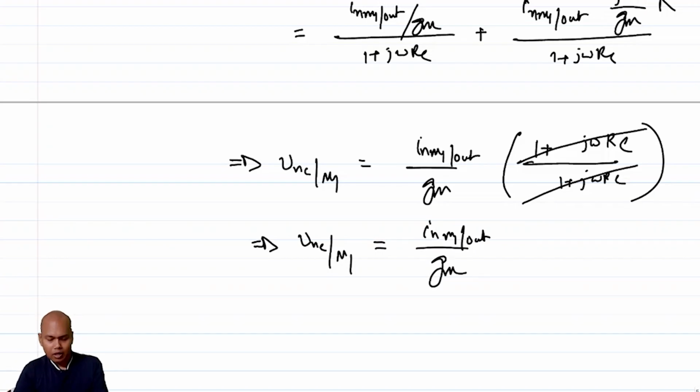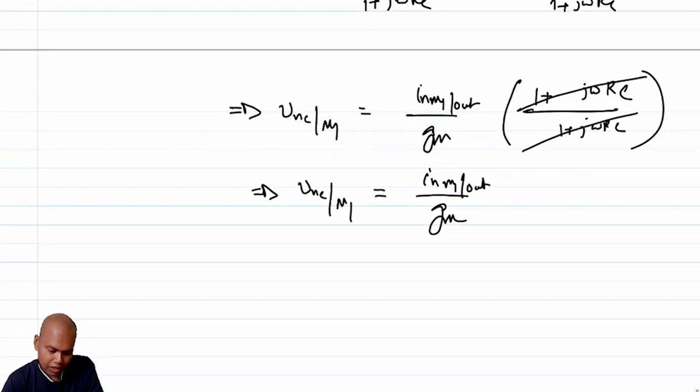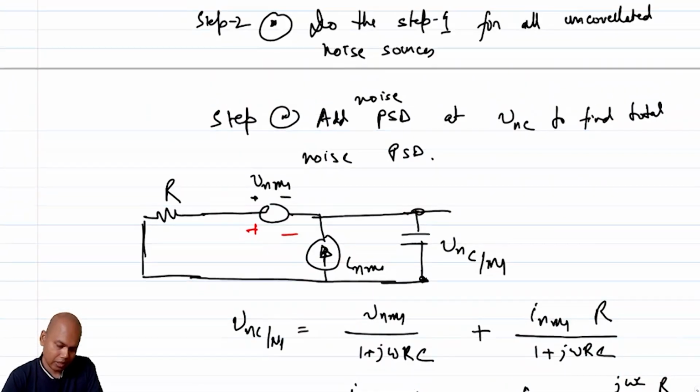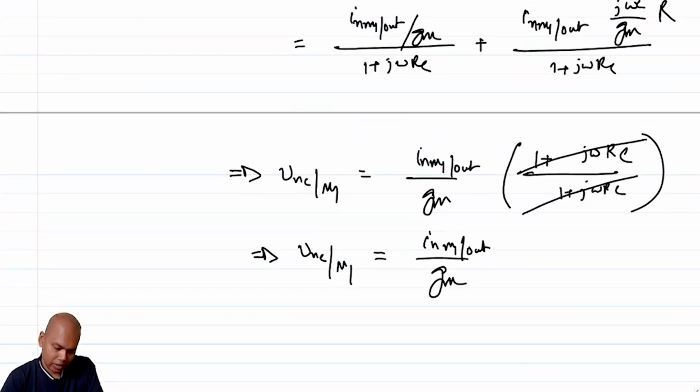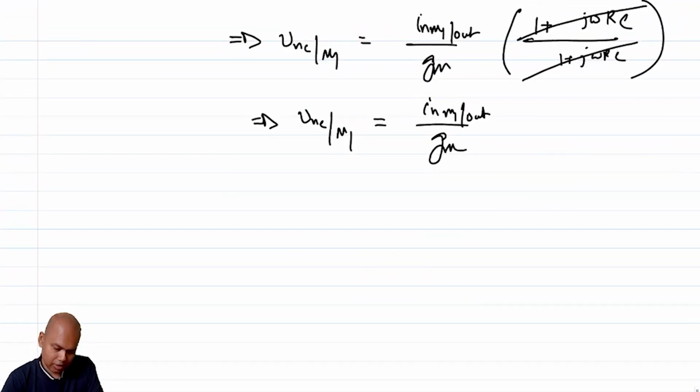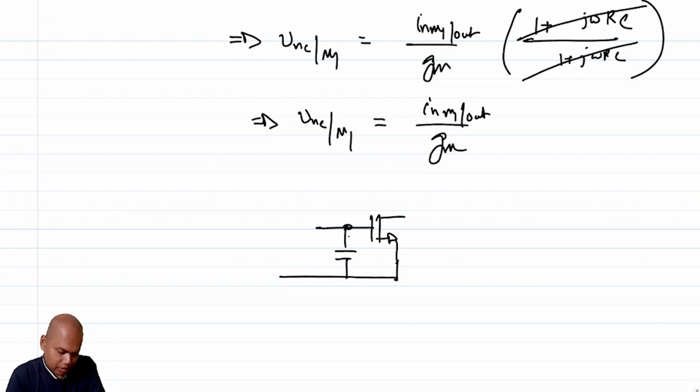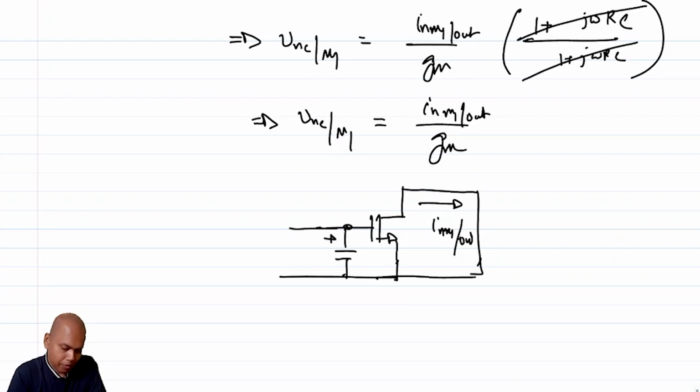Right? An extremely simplistic expression, but does this make sense? Why should it make sense, or why should it not make sense? To understand whether it makes sense or not, let's figure out what you are actually doing. We are essentially saying that this is the only noise source, INM1 out, and I am trying to find the equivalent VNC1.